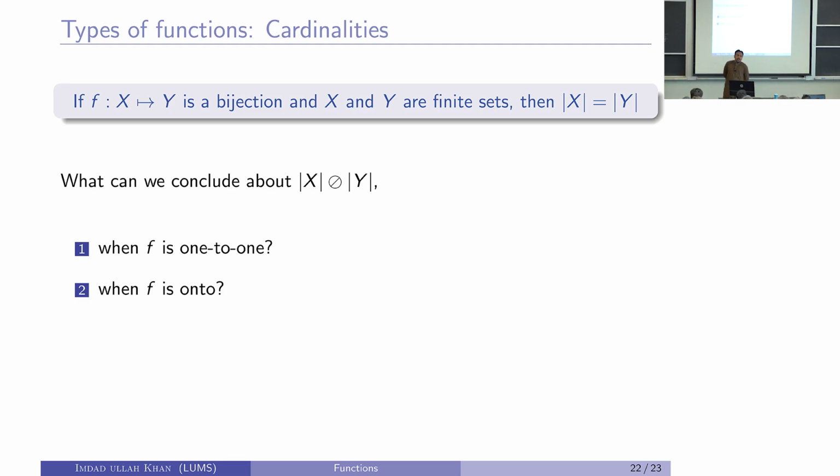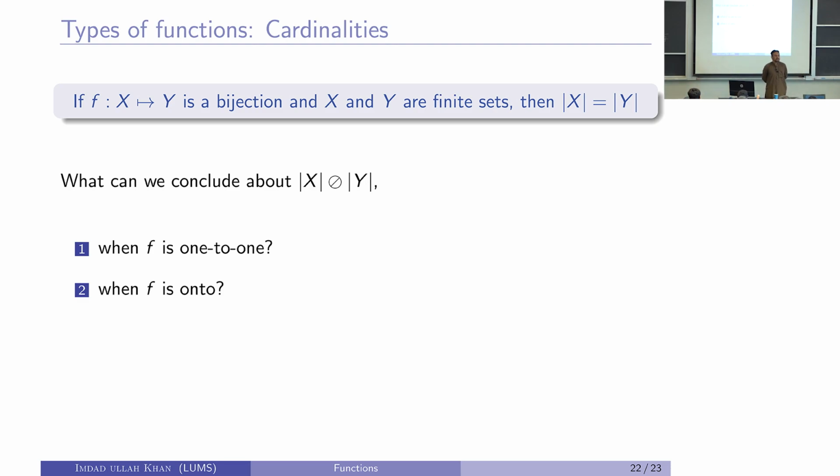If f is 1 to 1, what can we conclude? Which cardinality should be bigger, which should be smaller? Suppose 100 students were allotted hostel rooms, and no two share a room.